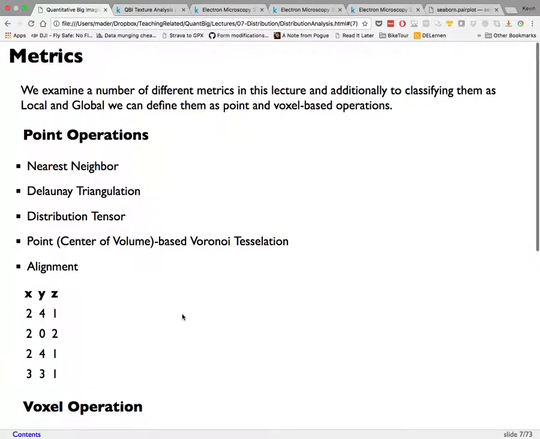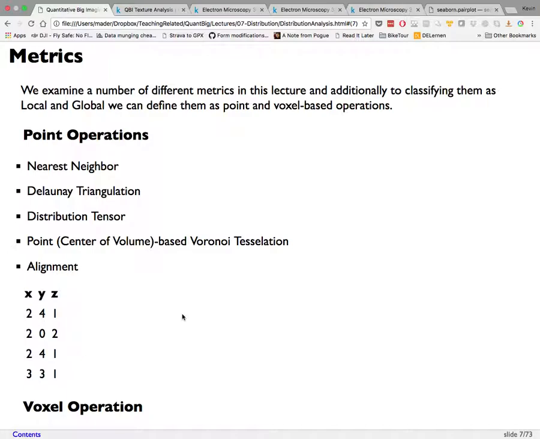So if we look at the metrics that we have, there are a number which are point operations. That means you've basically transformed your image into a list of points that you're interested in. When we did the shape analysis, that was this kind of analysis.